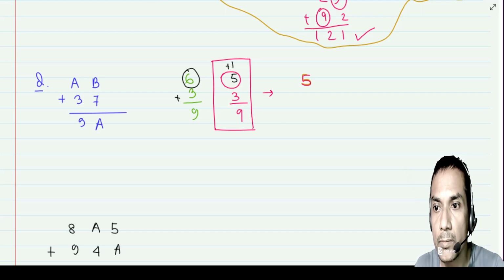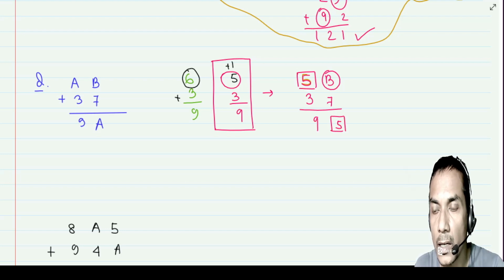So if I put the value 5, then we don't know about B. Clear? So 3, 7, and put the value, this is 5. We get the 5, and the 5. This is a 9. Now there is only one possibility, because we know that one carry forward is required to get this sum. To get this 9, one carry forward is required, because we borrow here.